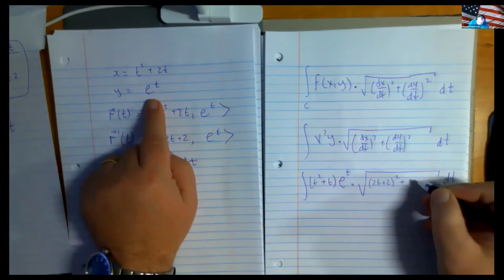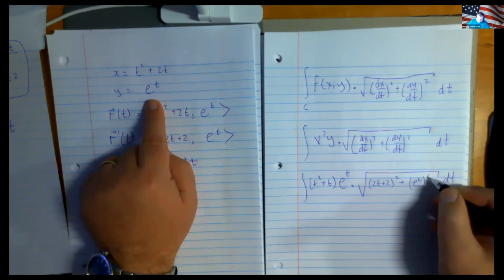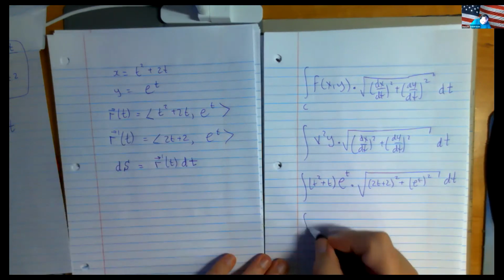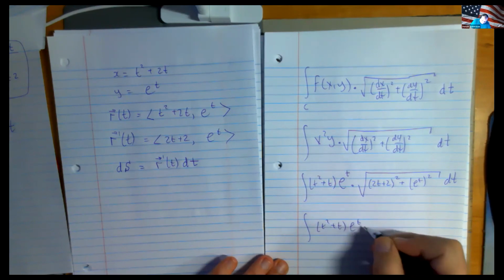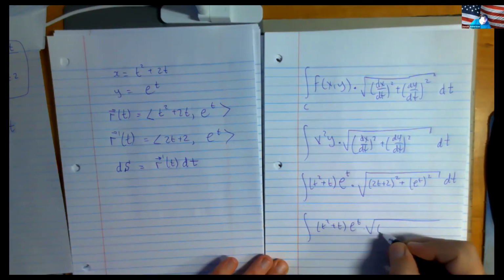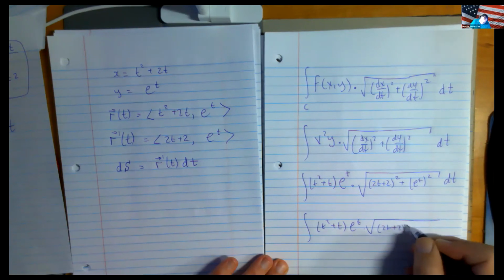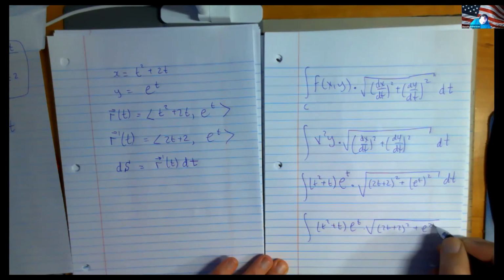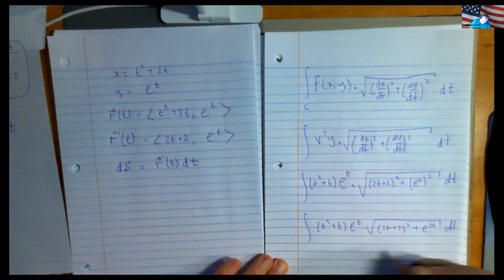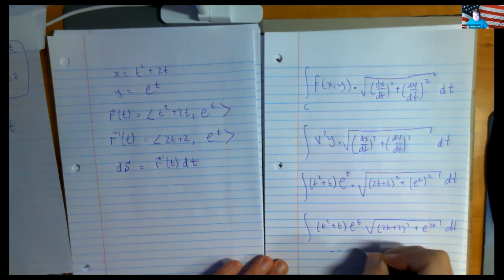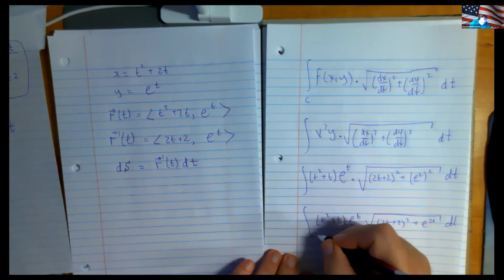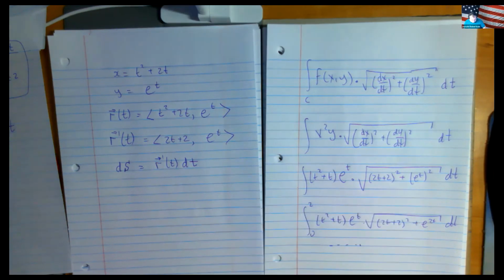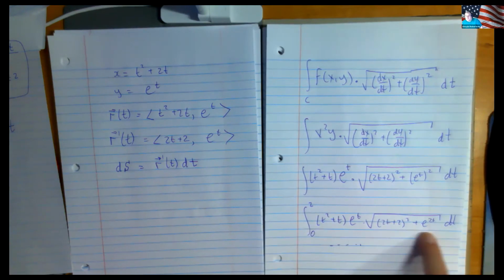The derivative of this guy is e to the t squared. And so I'm now looking at dot, dot, dot, not because it's doable, but if you could integrate that, wouldn't that be the answer?